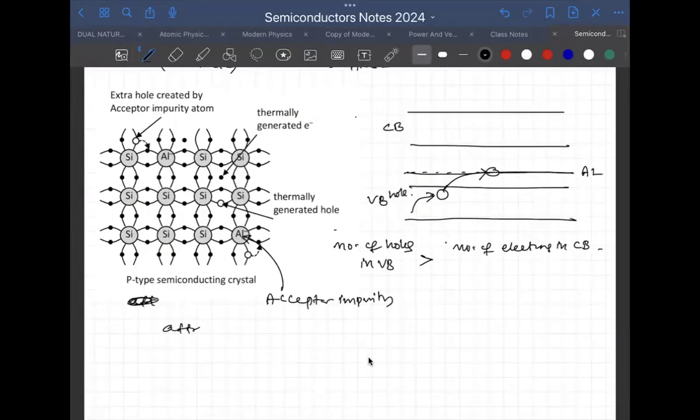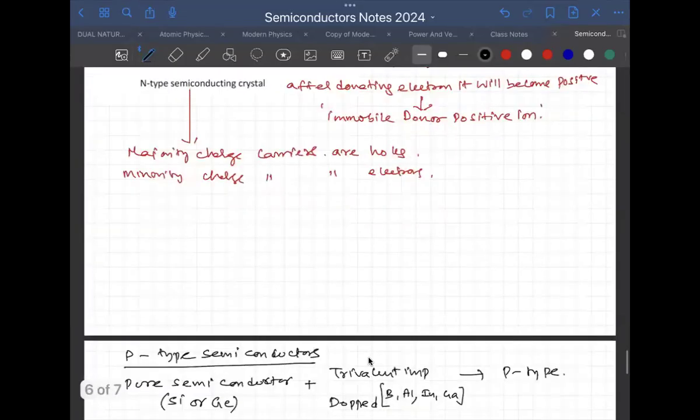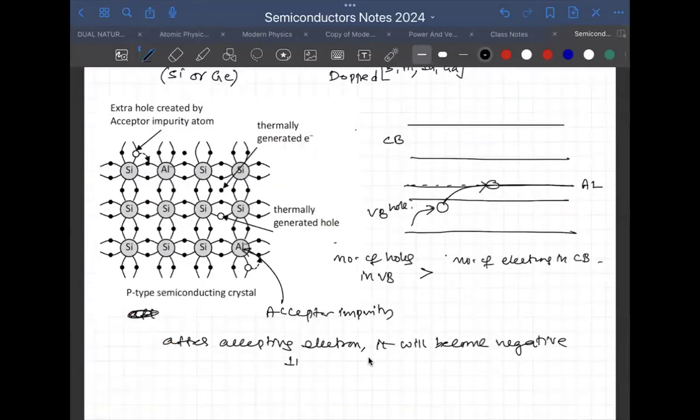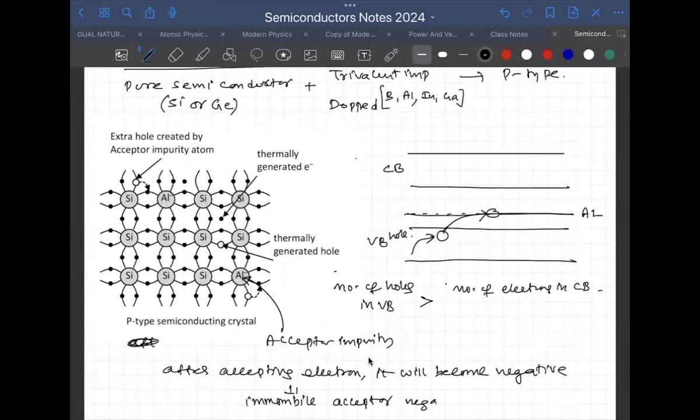After accepting an electron, it will become negative and immobile, whereas after donating an electron, it becomes positive. So it is an immobile acceptor negative ion.